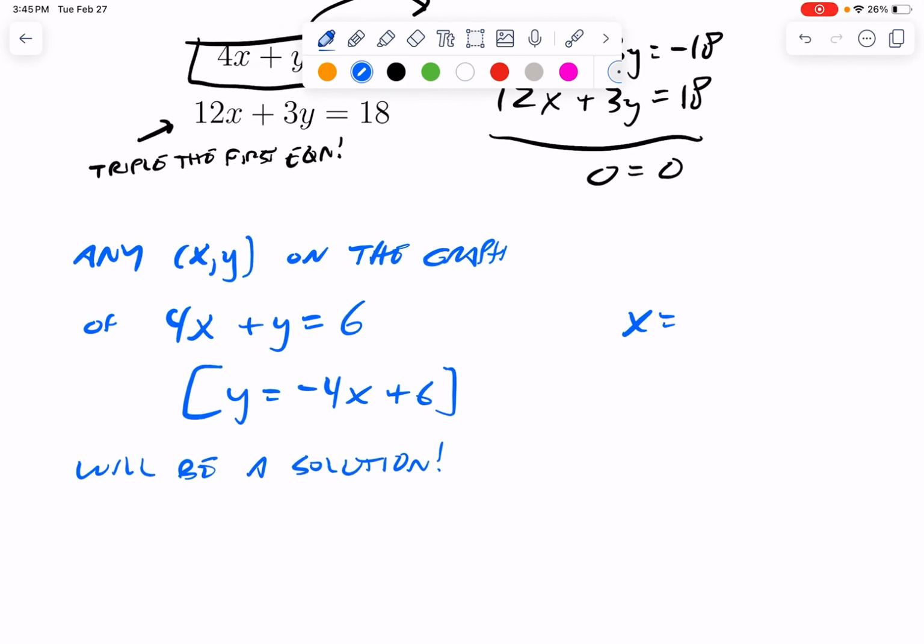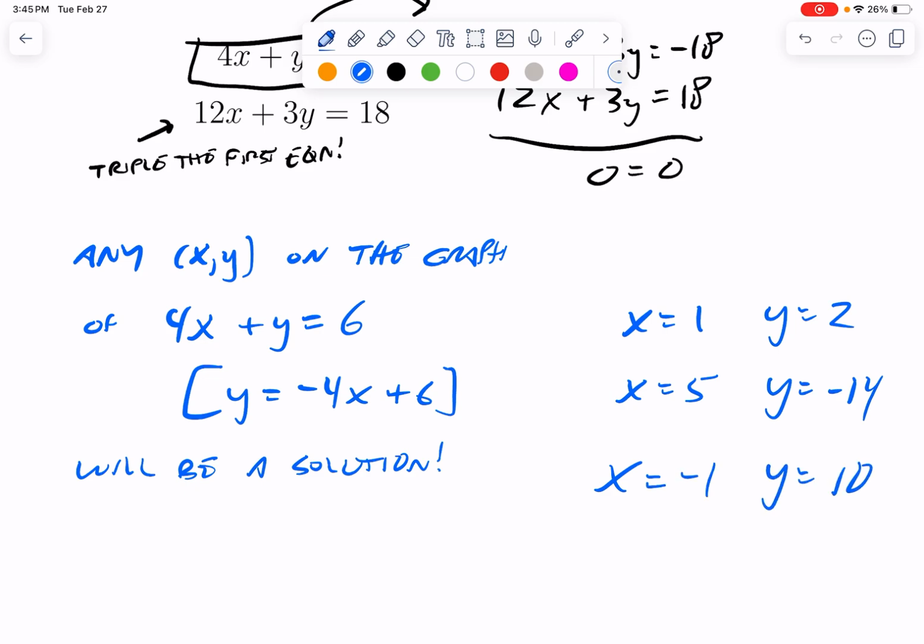I could have x equals 1 and y equals 2. I could have x equals 5 and y equals, doing this in my head, negative 14. I could have x equals negative 1 and y equals 10, etc. Lots and lots of combinations of x and y would make this work.